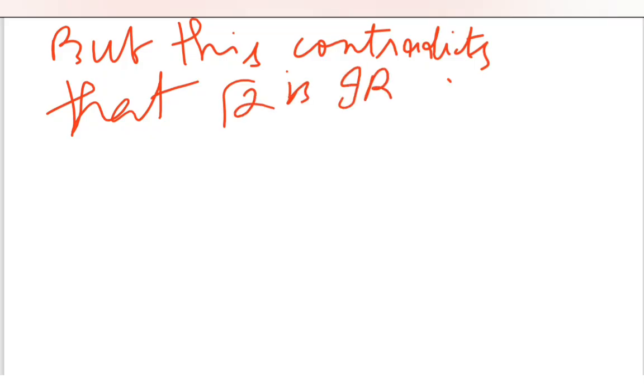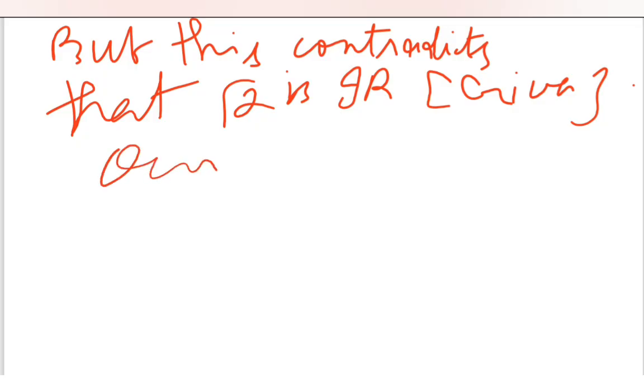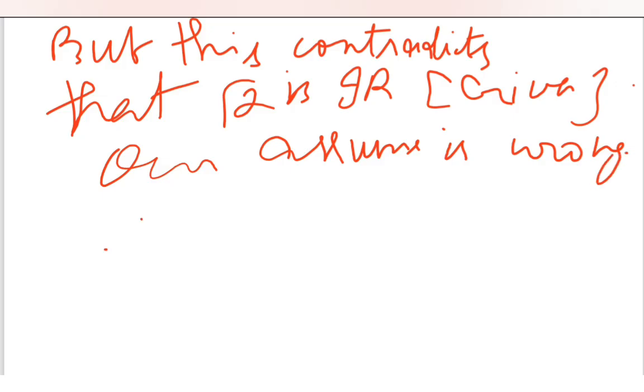This we have proven in the first part. The first part is to prove that root 2 is irrational. We have proven that. Sorry, you have proven that. So our assumption is wrong. Therefore, 6 plus root 2 is irrational.